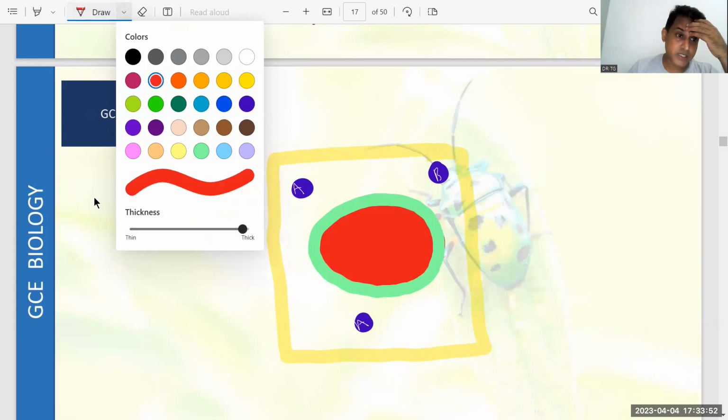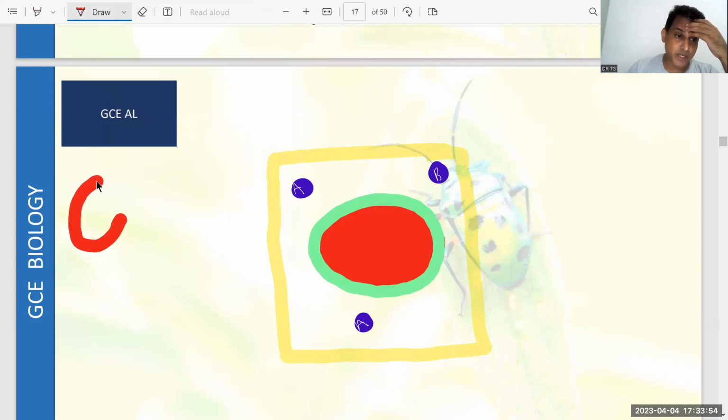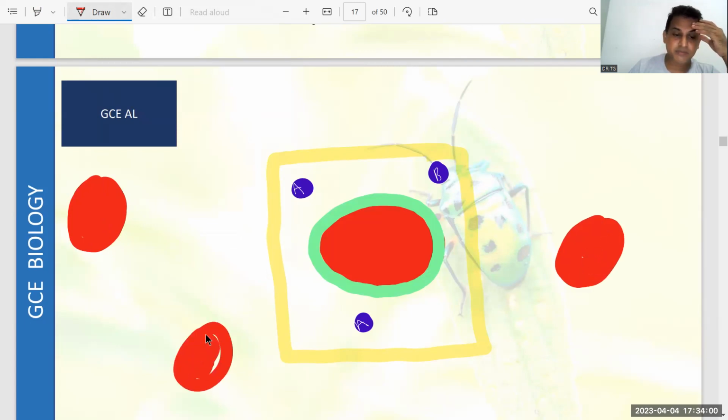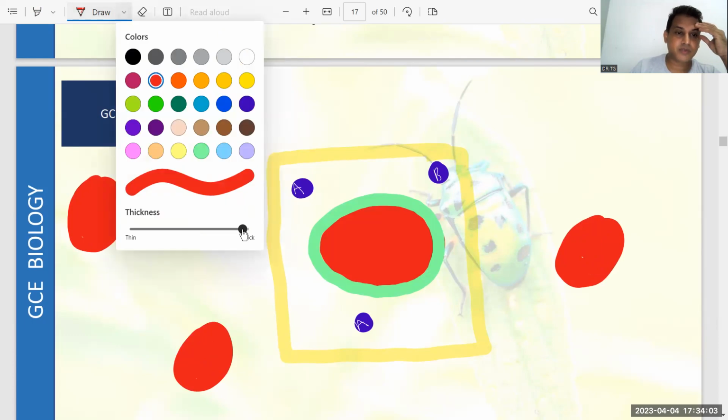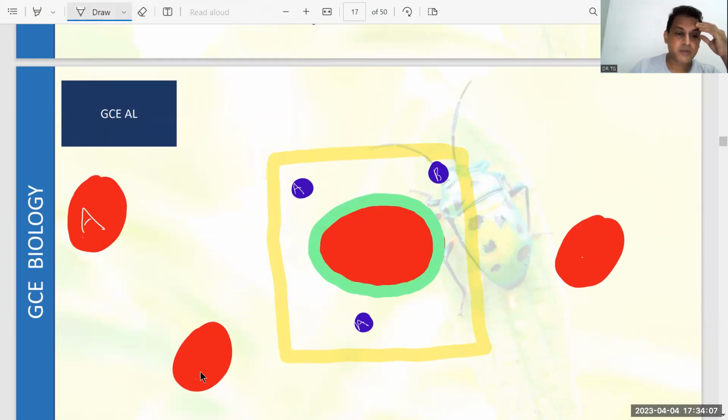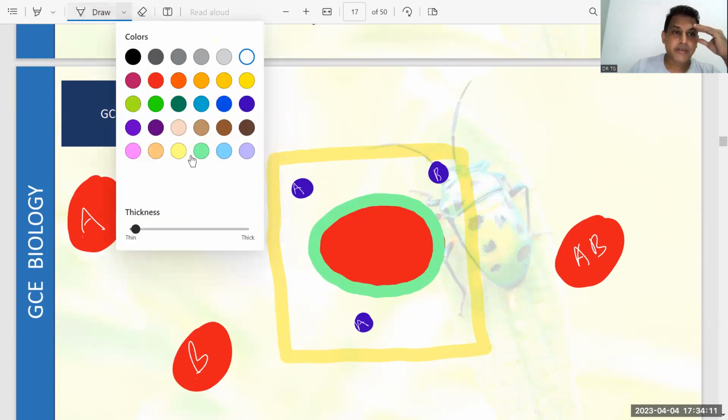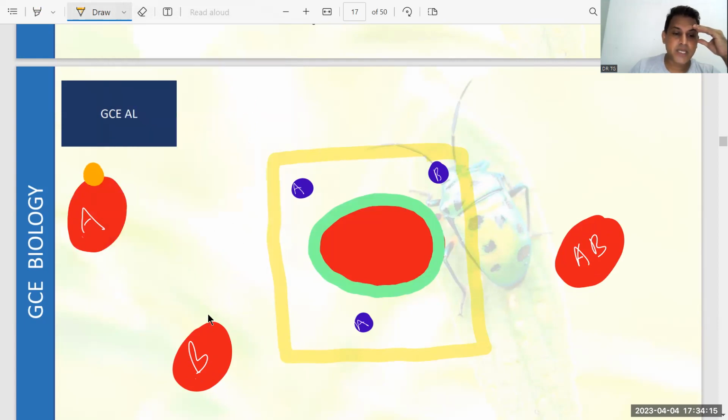Okay, now let's see if we give to A, what will happen? To AB, what will happen? And to B. A, B, AB. Now, A has A antigen, B has B antigen, AB has both.